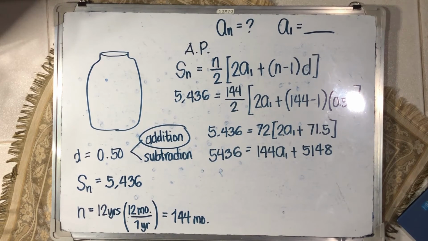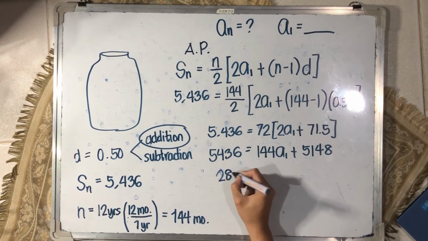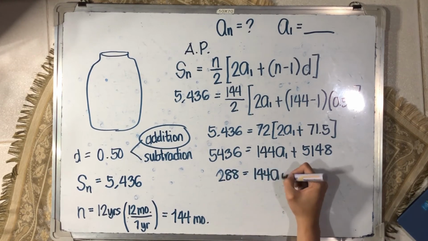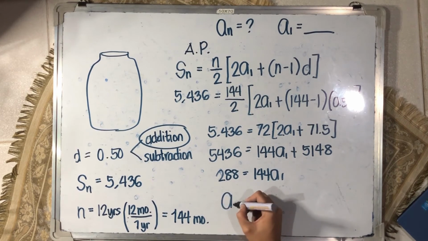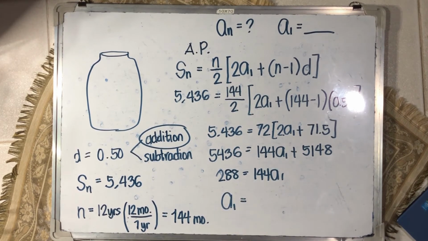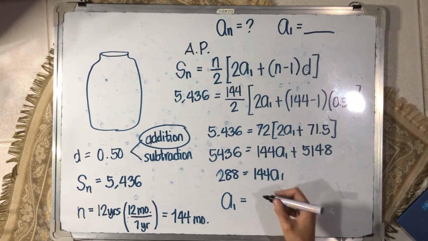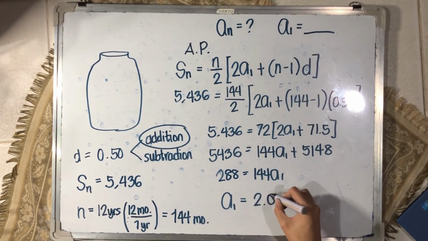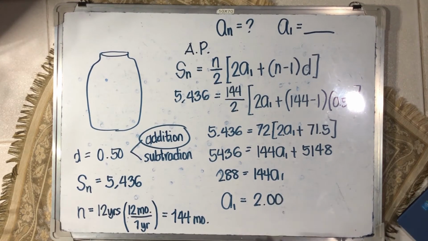So, computing for a sub 1, what we have here is 5,436 minus 5,148. Okay, that would give us 288. 144a sub 1. Dividing both sides by 144, and that would give us your a sub 1, which is 2 pesos. Okay? 2 pesos. Pero ito yung a sub 1.